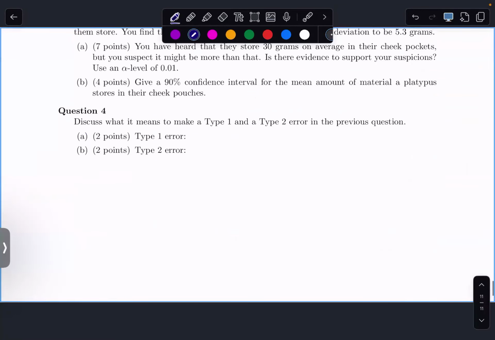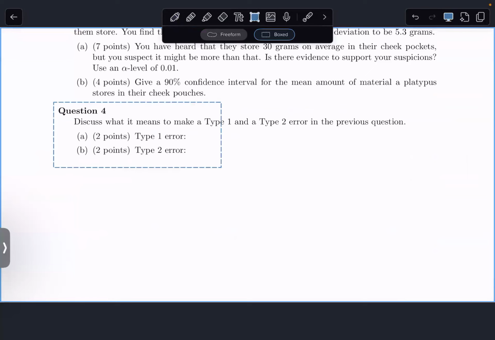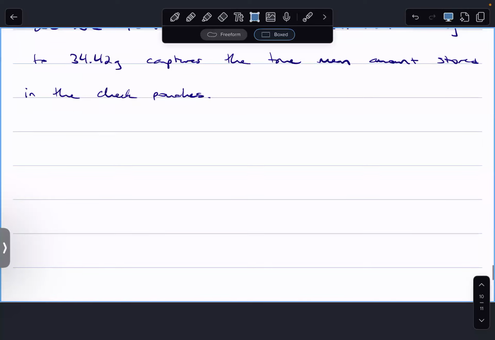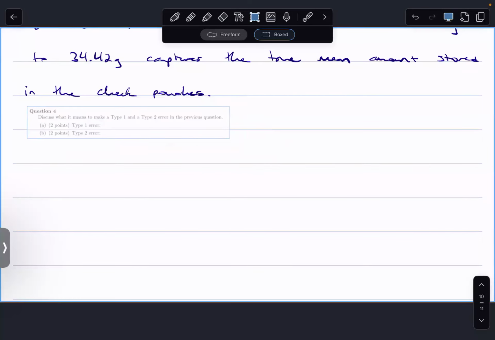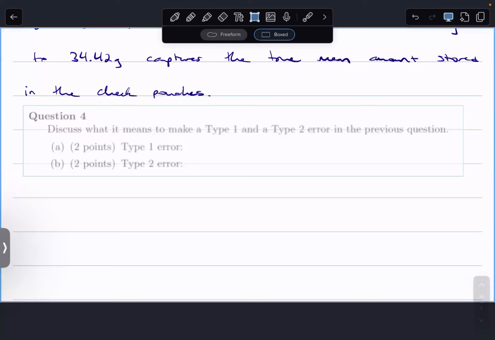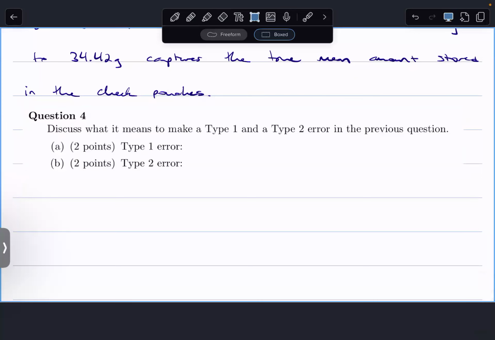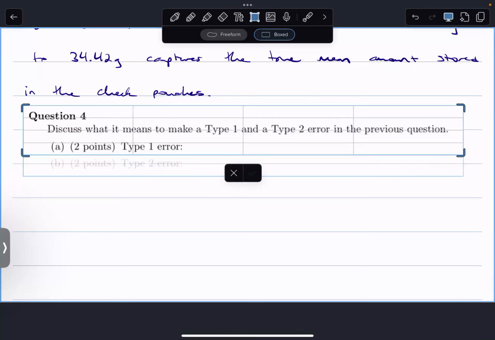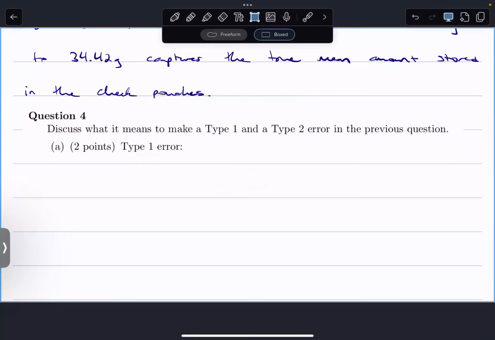There's a last itty bitty question, kind of a follow-up. And maybe I'll discuss what it means to make a type 1 and a type 2 error in the previous question. Oh boy, it's been a while.